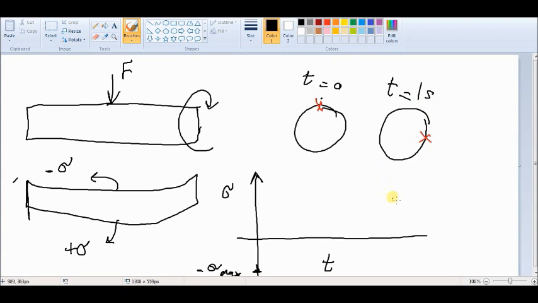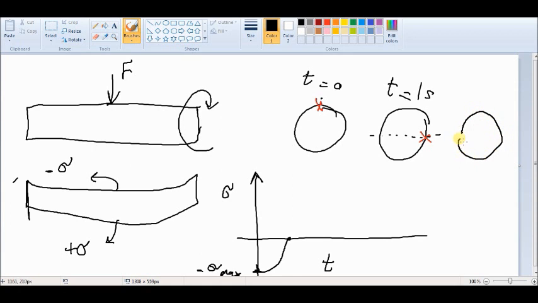Okay, this is just an example. At this point, because the point will be located at the neutral axis of the cross section, the bending stress is 0.